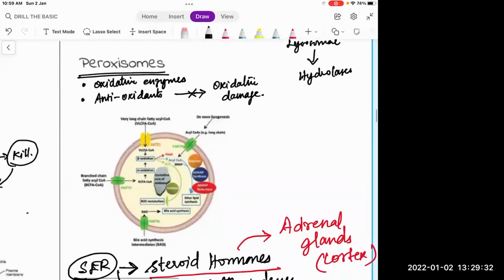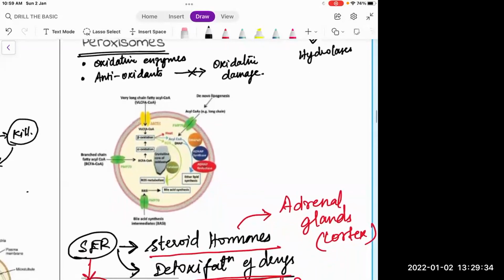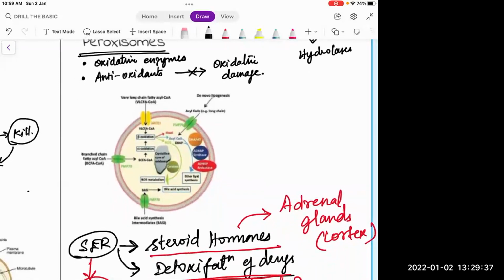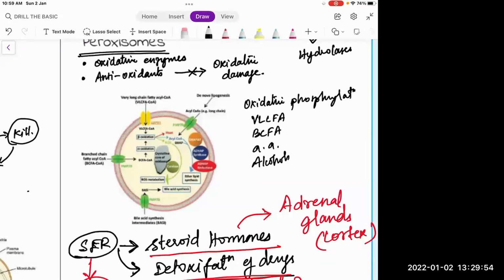Okay, so that is being mainly mediated especially by the oxidation of very long chain fatty acids, branched chain fatty acids, and some amino acids, alcohols. So they are all involved in producing these oxidative enzymes.